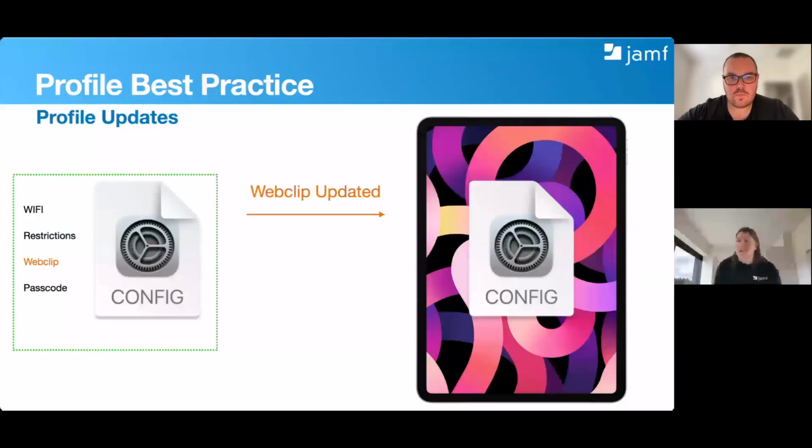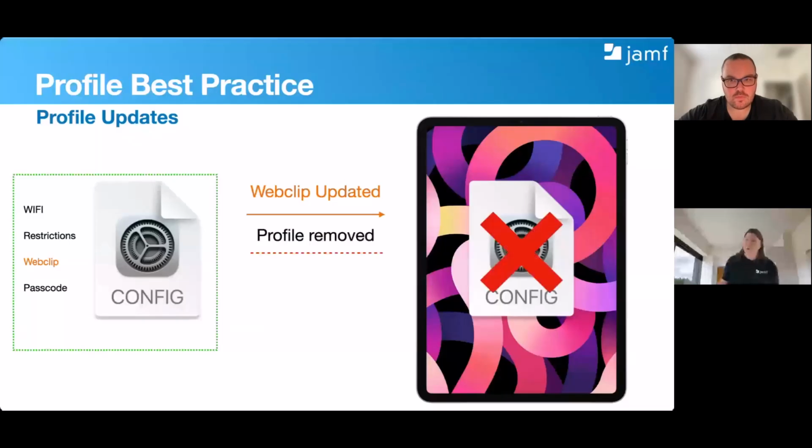You might think that only the changes that I've made would be sent down to the device. But what actually happens when I update the configuration profile is the old profile from the device is removed. Yes, so that's right. We've removed it from the device and then the new version is sent down.